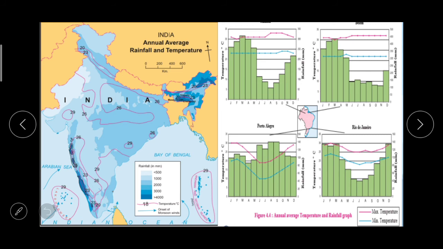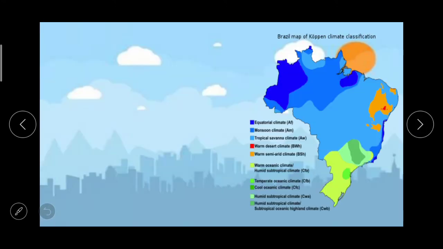When does Brazil have its rainy season? Which city has the maximum range of temperature and how much is it? What type of climate will be found in Rio de Janeiro? Now, these are the questions based on the figure. You observe and study the figure and try to find out the answers for the given questions.